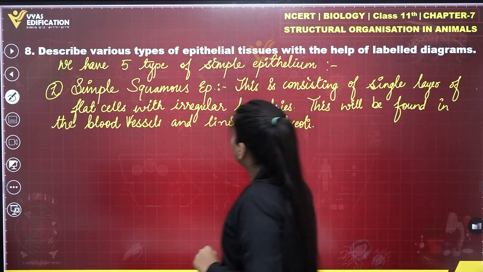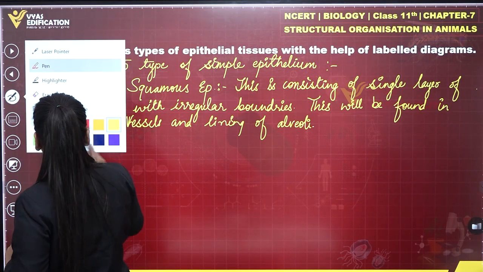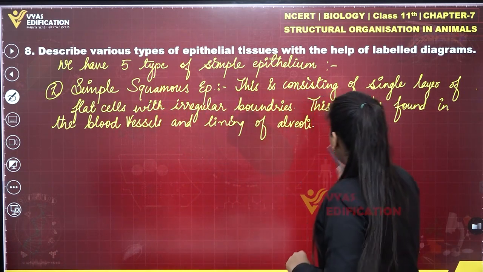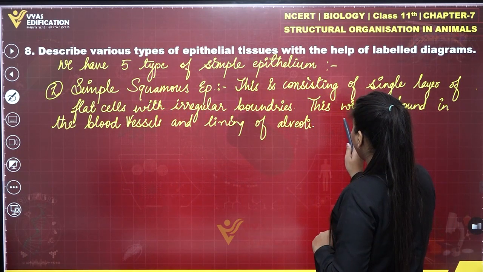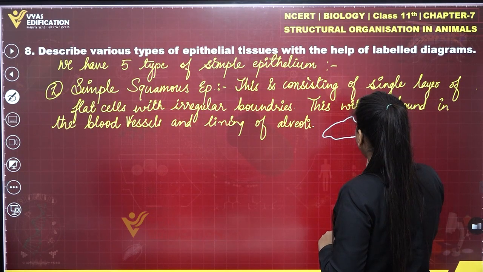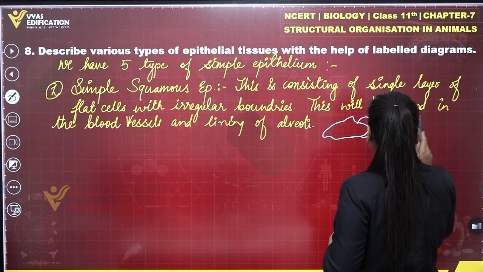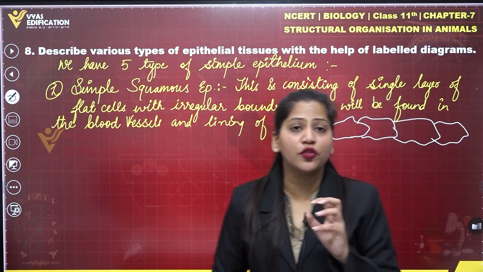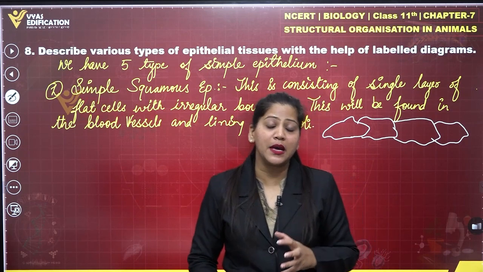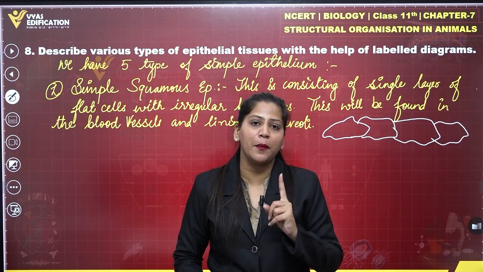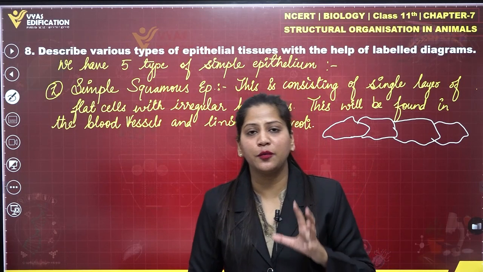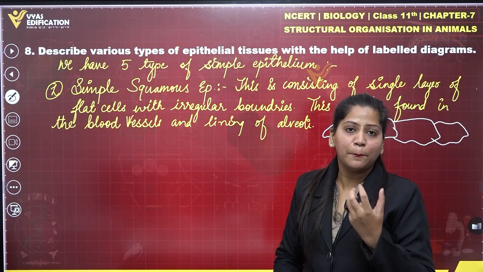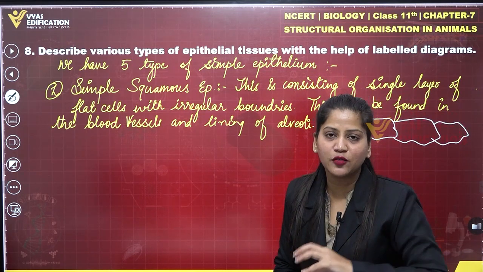Now let's make a diagram of this simple squamous epithelium. Here we have a single layer of flat cells with irregular boundaries. Also, the most important feature of simple epithelium is the presence of the basement membrane, which is acellular in nature. In the compound epithelium, you will not find the basement membrane.